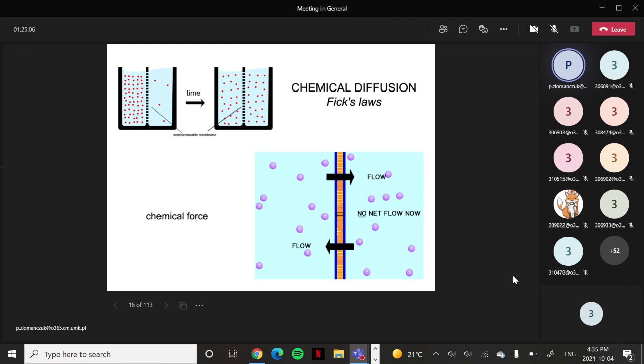The molecules from the higher concentration environment will travel to the environment of lower concentration.